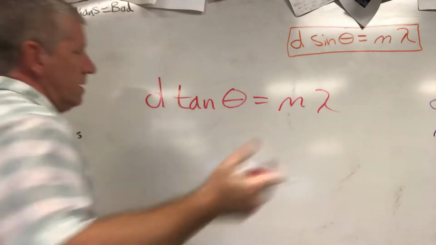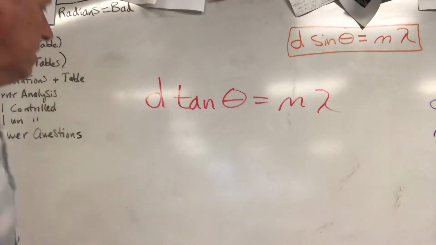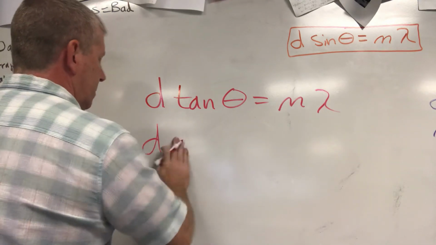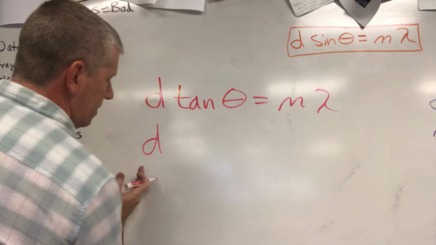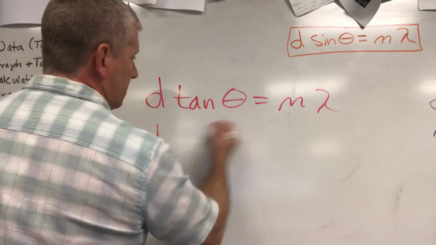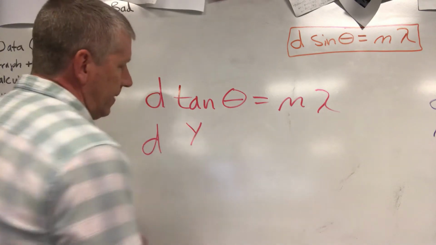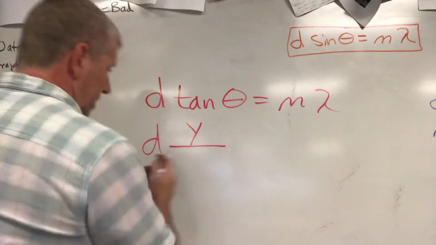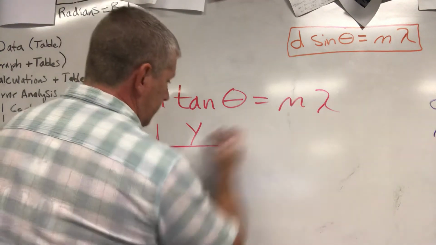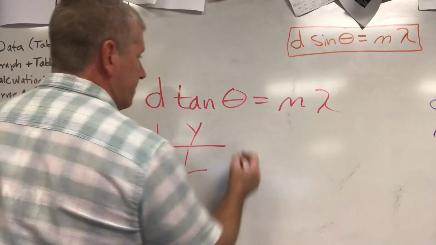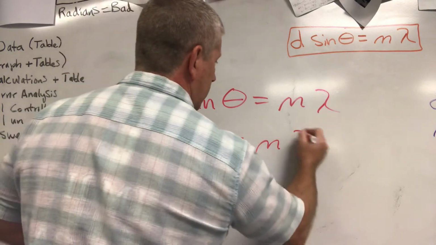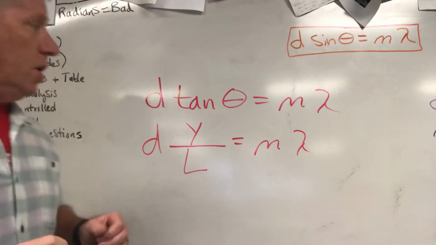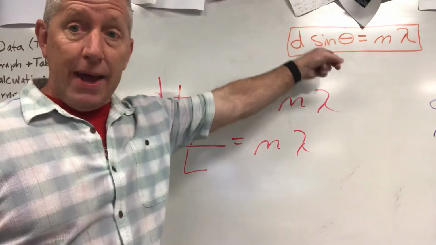And tangent is equal to the opposite over the adjacent. The opposite side we call y, that's the distance between the bright spots, and the adjacent is L, so y over L equals m theta. So this is kind of a useful one at times if you don't have the angle.